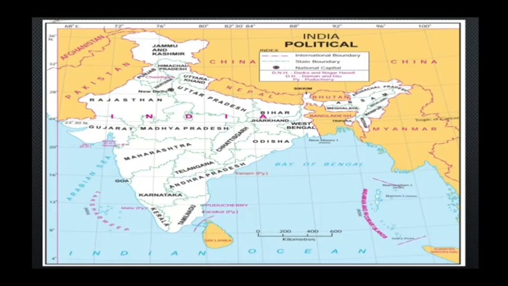When you look at the east side, we have neighboring countries like Myanmar and Bangladesh. We also have the water body, that is Bay of Bengal. So towards the east, the water body that we have is Bay of Bengal.